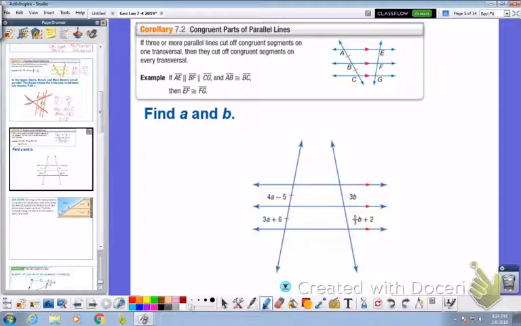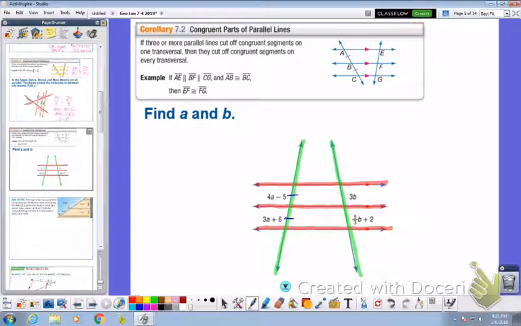So, once again, you've got parallel lines. Then you've got these transversals. What's happening is, over here on this side, it made a set of congruent segments. What do we do with congruent segments when we're trying to find something? We set them equal. When they're congruent, they're equal to each other.